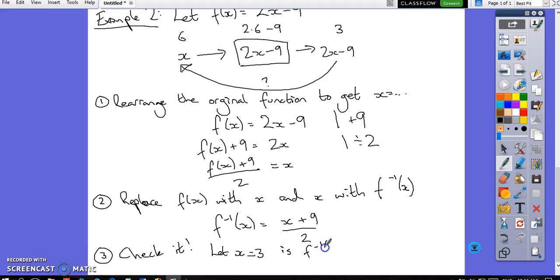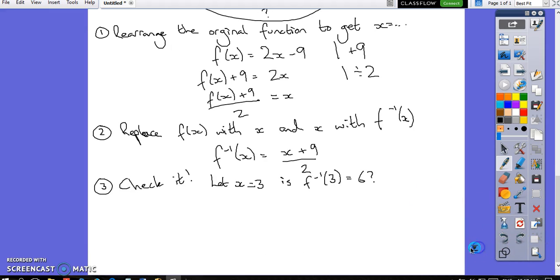Is the inverse function of 3 6? If so, I've checked it for one possible set of inputs and outputs, and you can check it for as many as you like. You can put anything you like into here, get an output, put that output in here, and check that you get back to your original number that you've chosen.